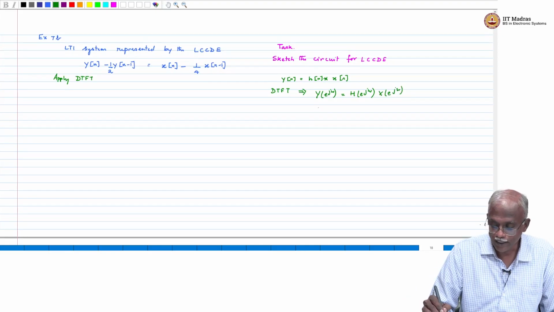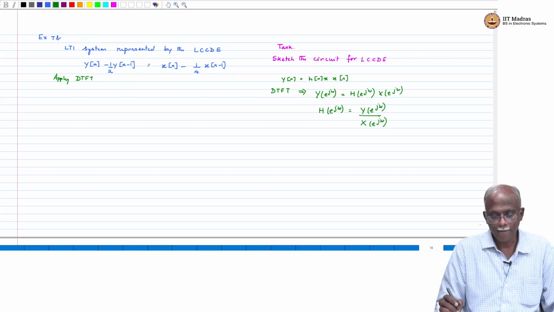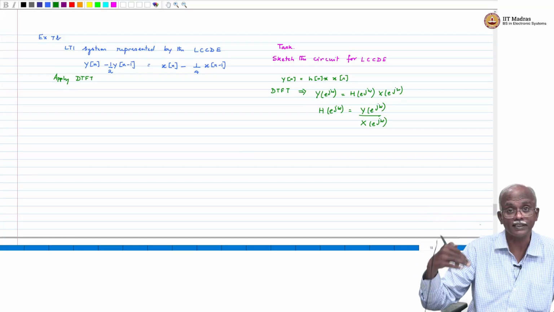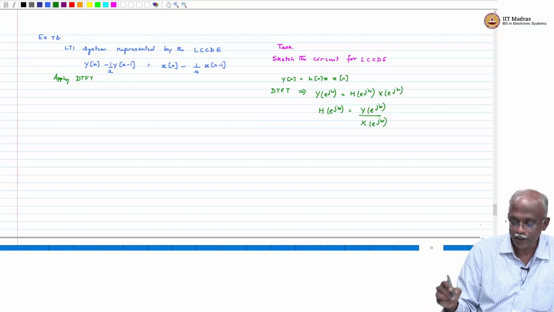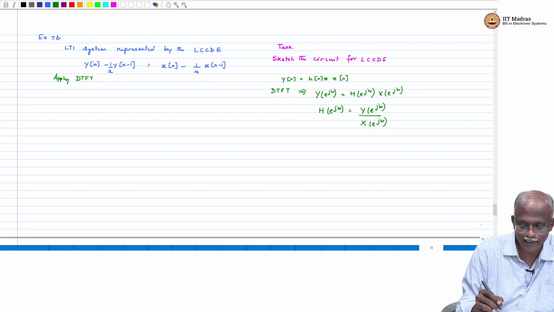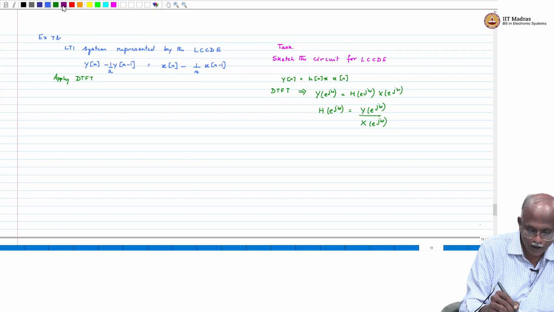From this we get the relationship H e to the j omega is equal to Y e to the j omega divided by X e to the j omega. Okay. So, the ratio of Y by X in the DTFT domain is going to give you the discrete time Fourier transform of the impulse response of the LTI system. So, that is what we are trying to work towards.